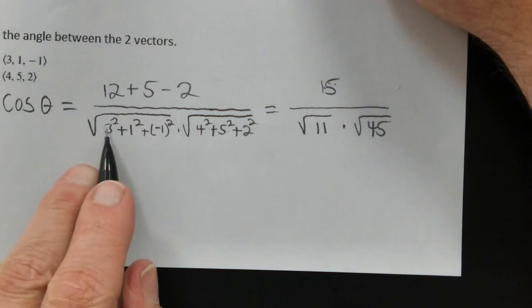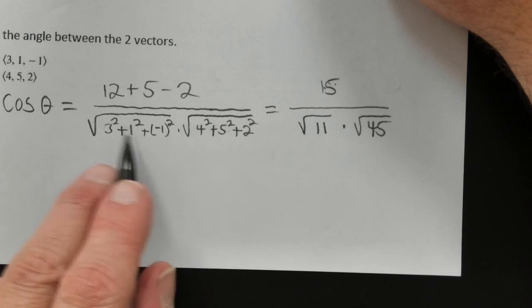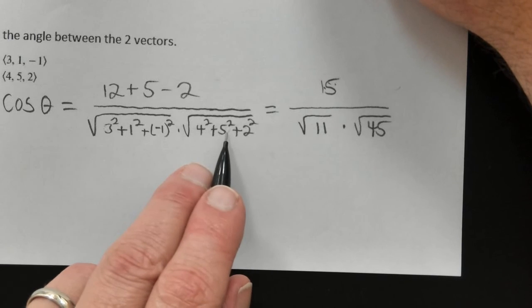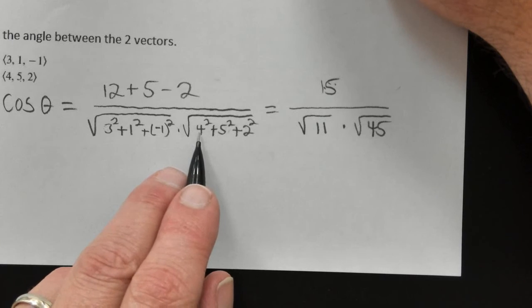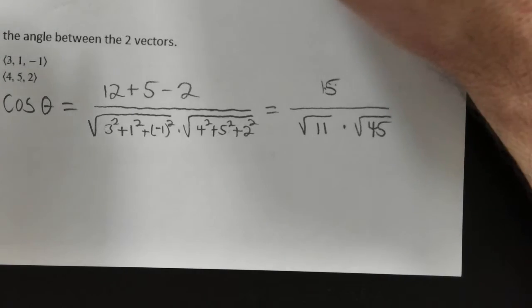All right, so that's 9, 10 and 11, 25, 45. Okay, yeah, so we're in good shape there.